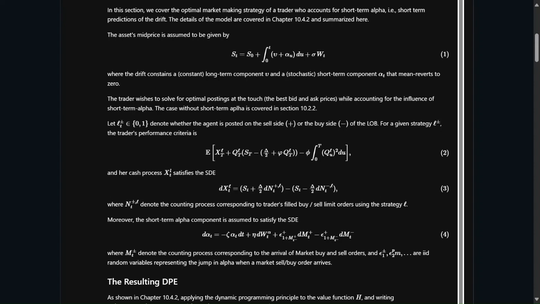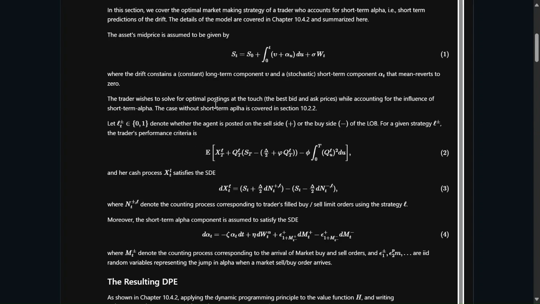This is a non-linear partial differential equation, and it provides necessary and sufficient conditions for optimality of control with respect to a loss function. So its solution is the value function of the optimal control problem, which once known can be used to obtain the optimal control by taking the maximizer or minimizer of the Hamiltonian in the HJB equation.